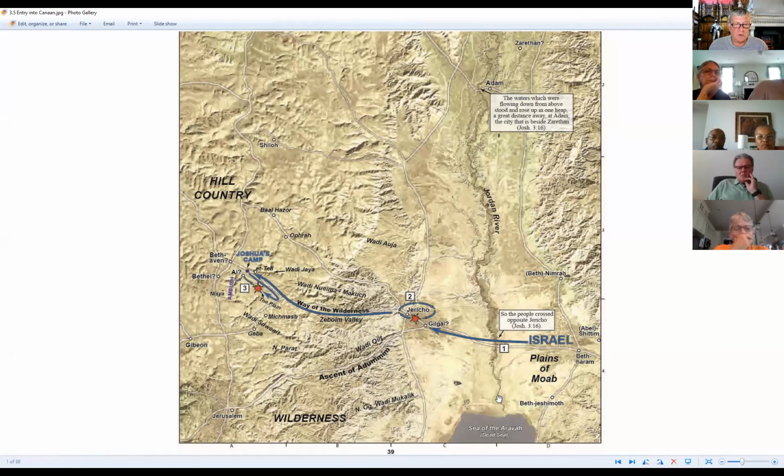The Judean mountains are a natural fortress for lightly armed Israelites, so that they could withstand the onslaught of heavily armed Canaanite forces.